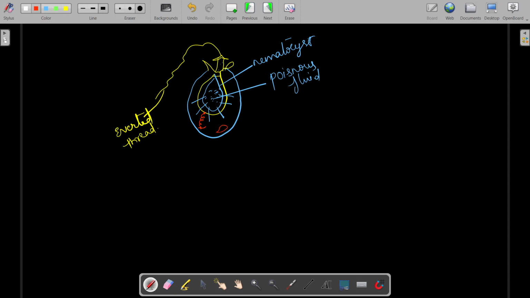You have a nucleus. These are muscular fibers.